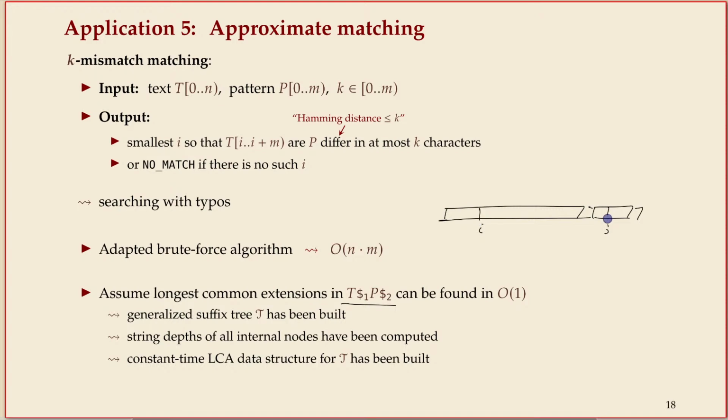And in constant time, it tells me how many characters are aligned or how many characters are the same here. Okay? That's what we'll use. And for that, essentially what you need is the generalized suffix tree and all the string depths and the constant time lowest common ancestor, LCA data structure. But we'll just work with LCE for now. So any two positions you're given, you can find in constant time how many characters are the same.